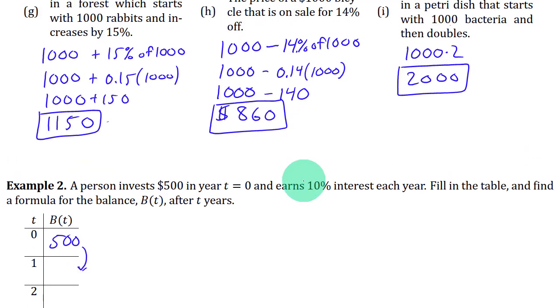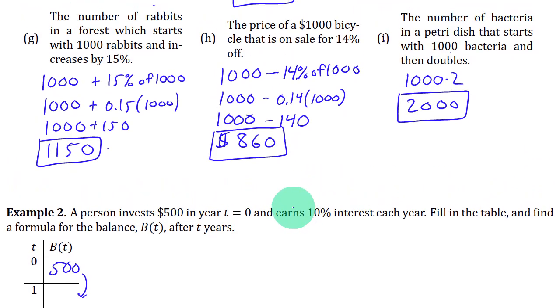So let's look at how do we increase something by 10%. It's going to be kind of like this example G. We're going to take the original 500 plus 10% of 500.